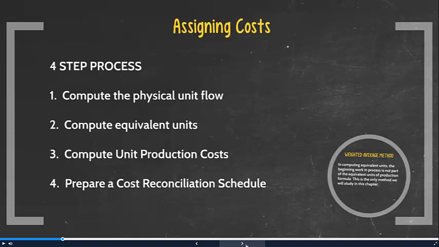Step 3 is to determine our cost per equivalent unit, looking at those costs that were incurred during the period and dividing that by our equivalent units. And finally, we will allocate our costs. We'll allocate those to the units that were transferred out as well as our ending inventory.